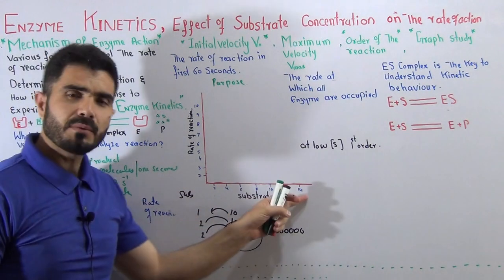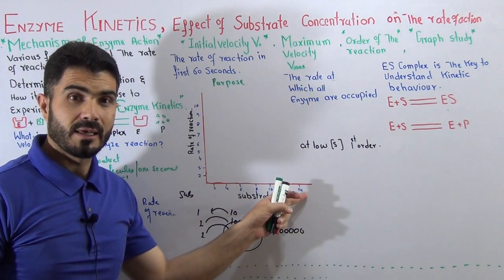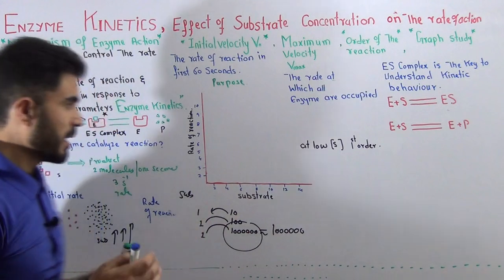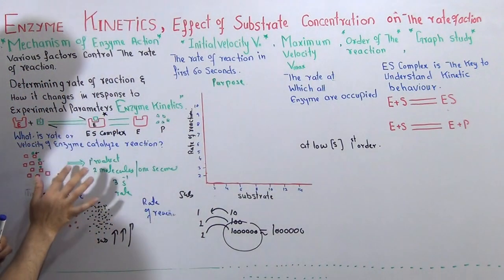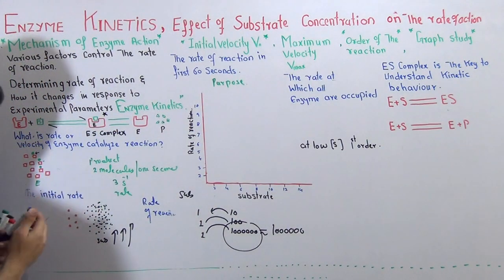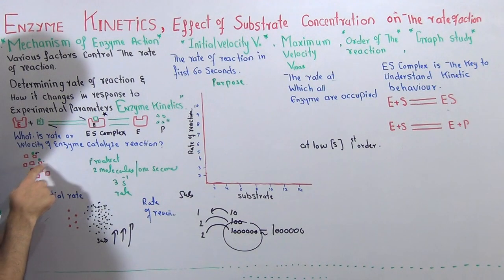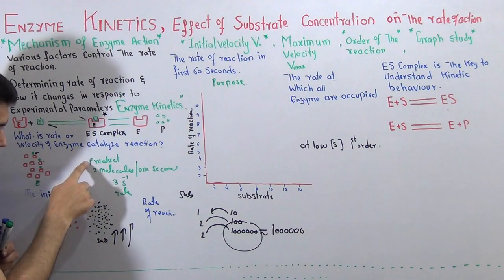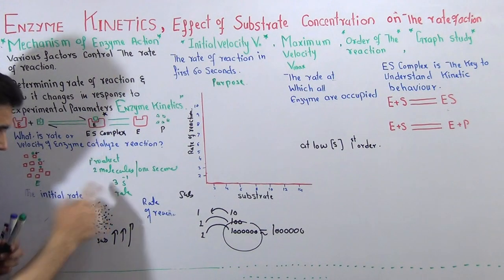Now I'm going to draw a graph. Before we go to the graph, I will tell you something from the same example. Let's suppose we had 3 substrate molecules, and when these 3 molecules were catalyzed, the reaction rate became 3.